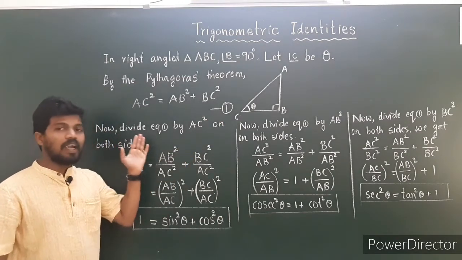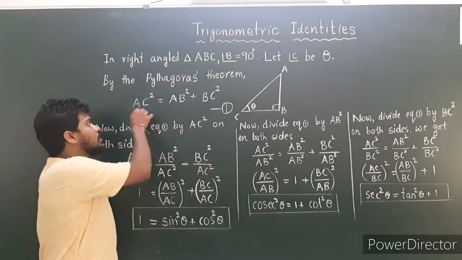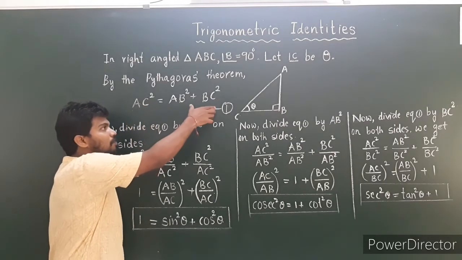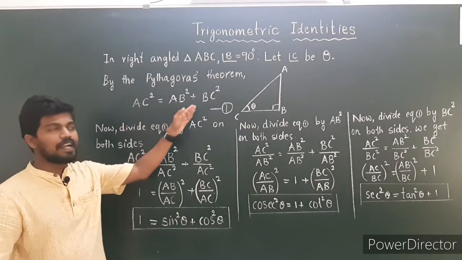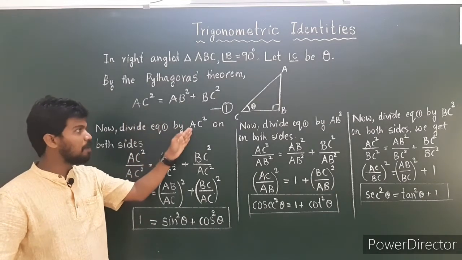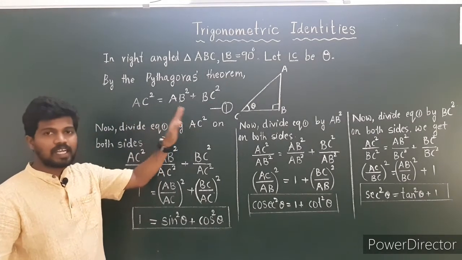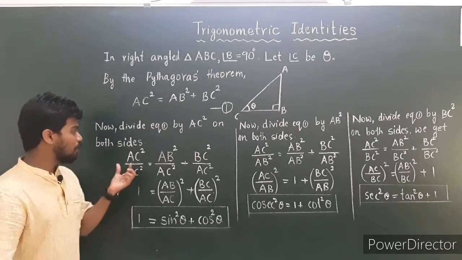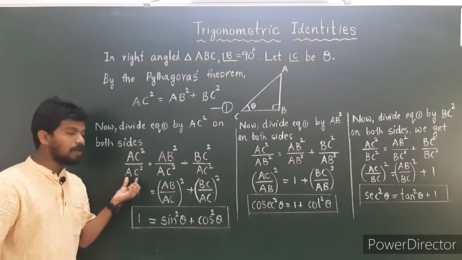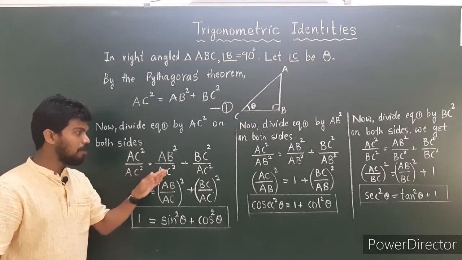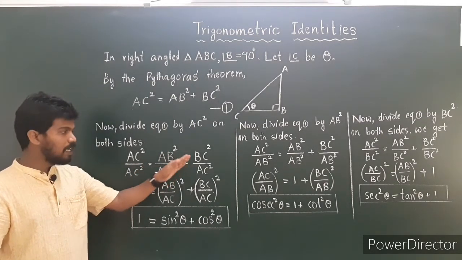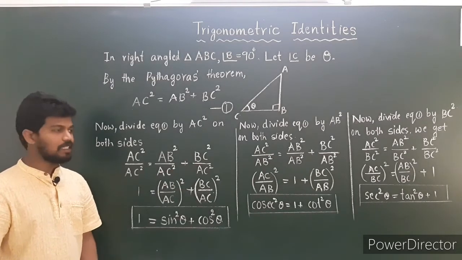Now divide equation 1 by AC square on both sides of the equation. So AC square divided by AC square is equal to AB square divided by AC square plus BC square divided by AC square.